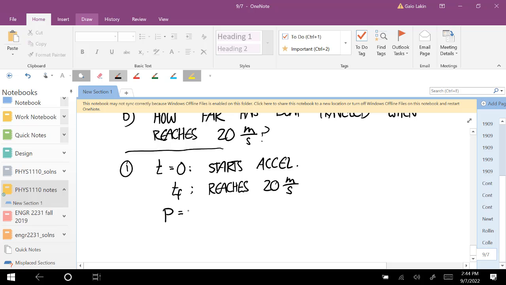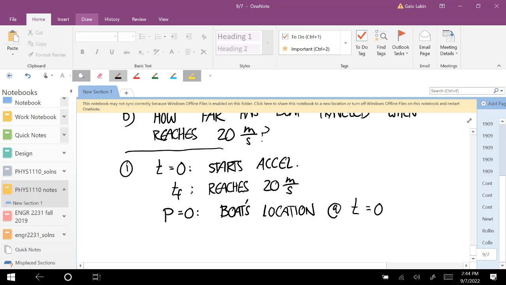So our position equals 0. Let's say that that's at the dock, or that's at the boat's location when it starts the acceleration. I'm going to write that as the boat's location at time equals 0.